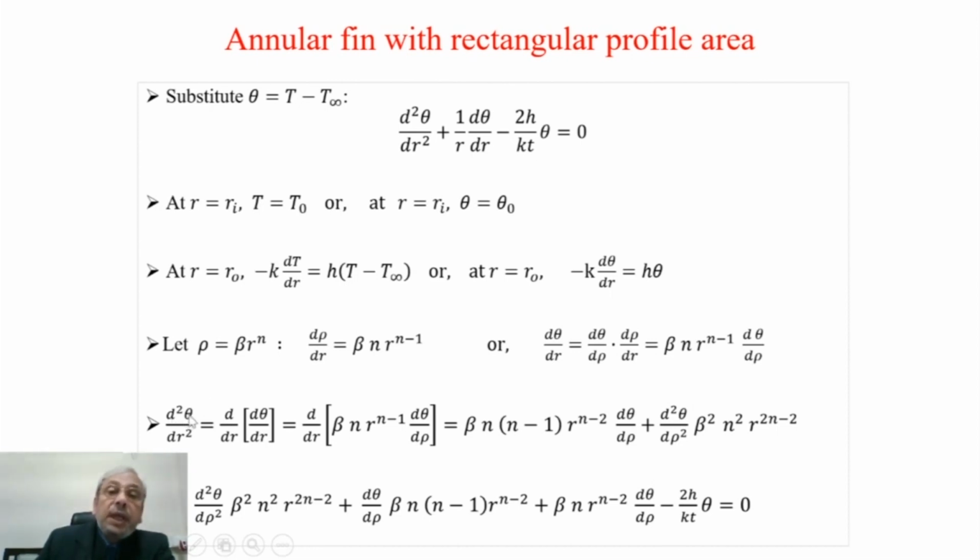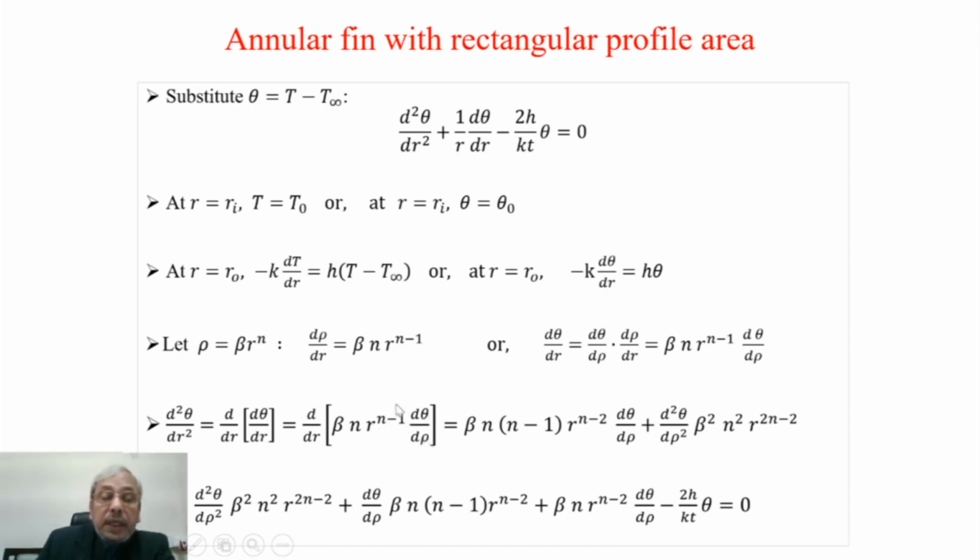Then d2 theta/dr2 again we are writing as d/dr of d theta/dr. So d/dr of whatever we have gotten as d theta/dr, we are writing as beta n r to the power n minus 1 d theta/d rho.